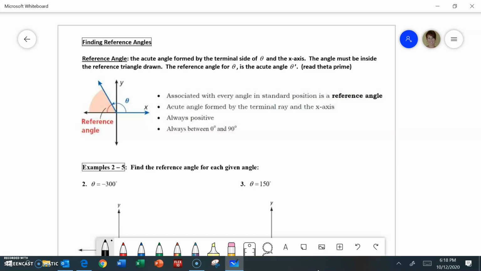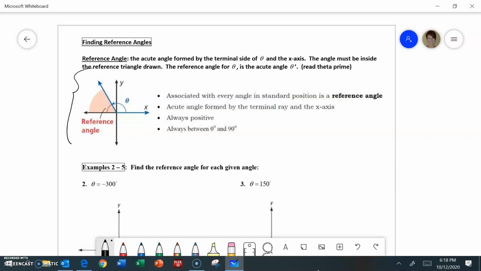So if you look at this illustration, it's showing you that when you have this blue angle with the initial side and then the terminal side, this angle in this diagram is landing in quadrant 2. In order to draw that triangle, you would drop a perpendicular.